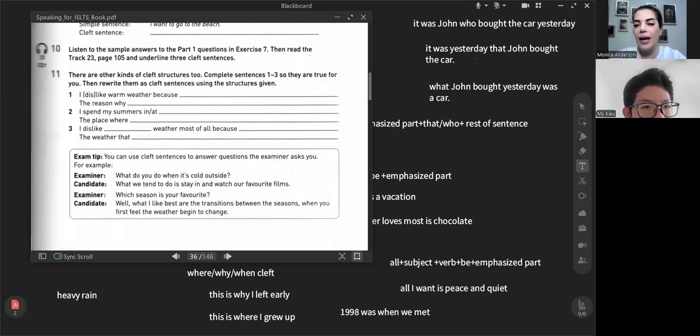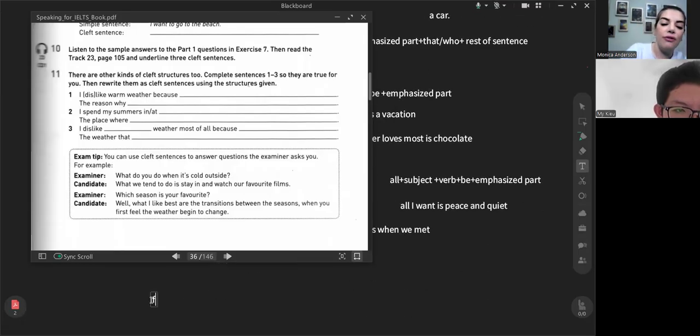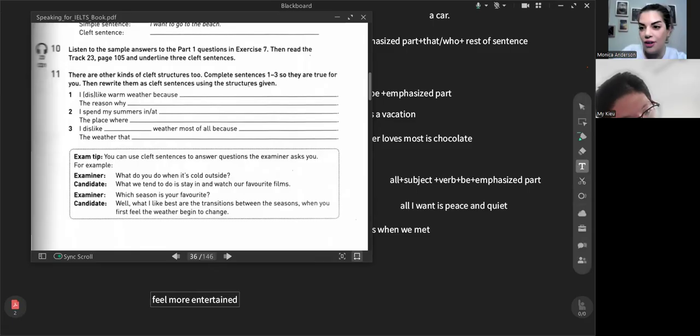But by the way, what I tend to do is stay at home and watch my favorite films. Sometimes even go out, it's okay. And it makes me, you said, feel more interesting. No, it makes me feel more entertained, not interesting. Interesting is not used about your feeling. Interested, if you want to use it.